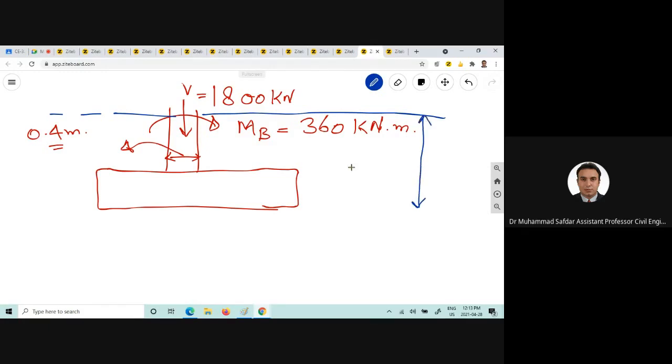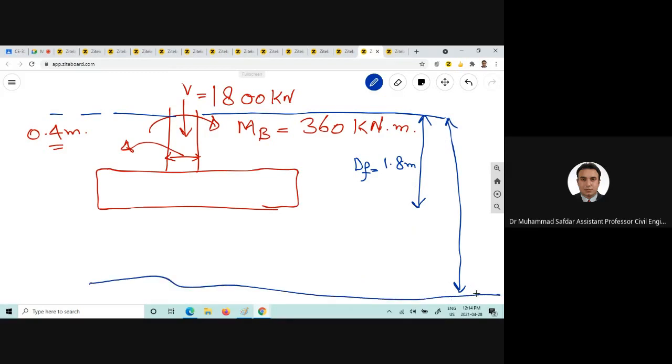The depth of the foundation is equal to 1.8 meter, and here is the water table, and that is 6.1 meter.